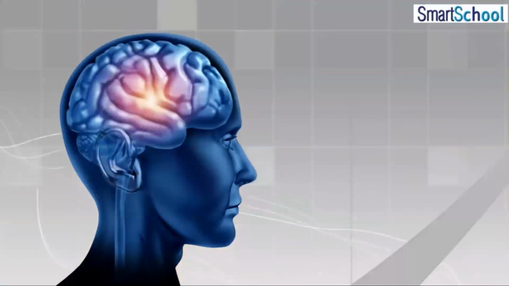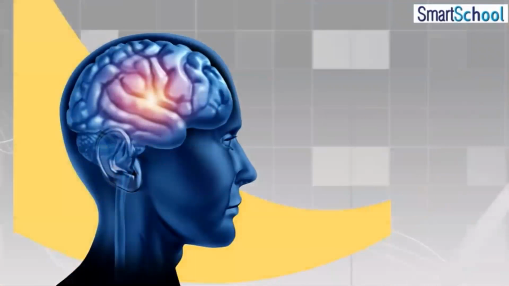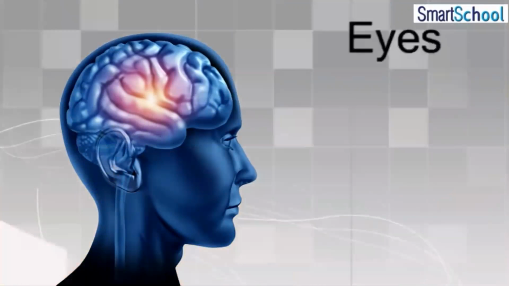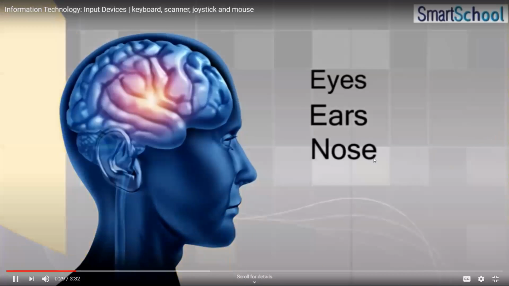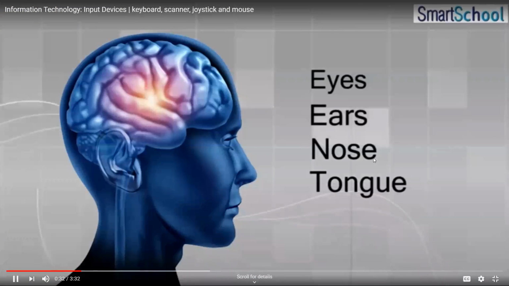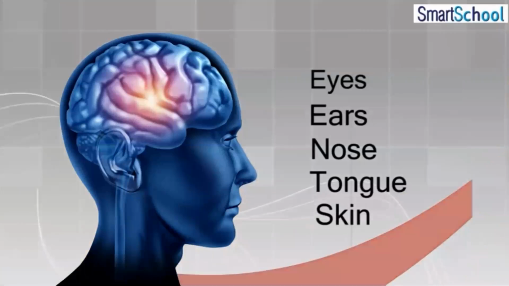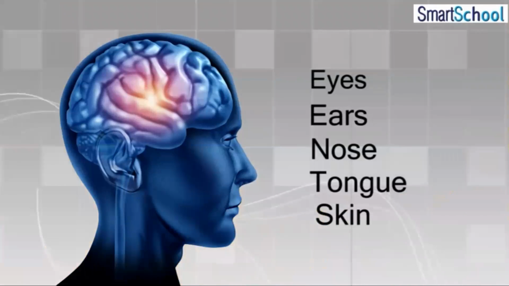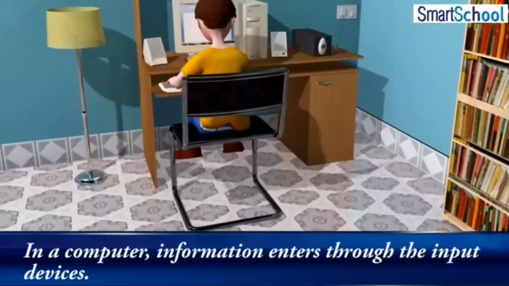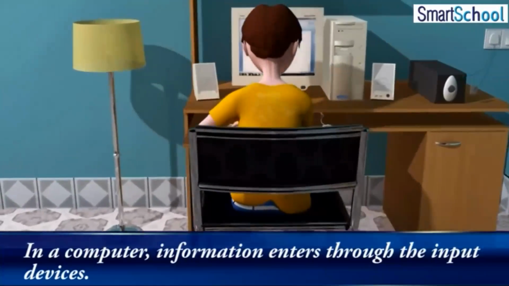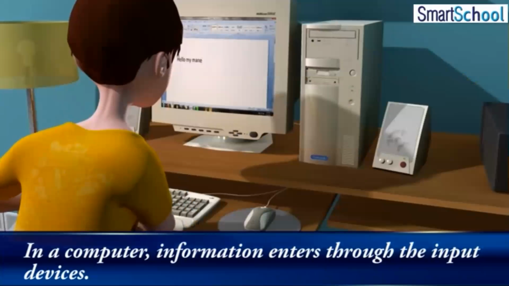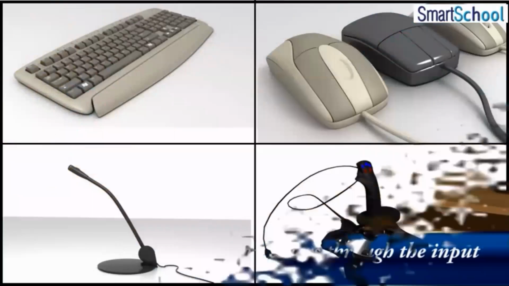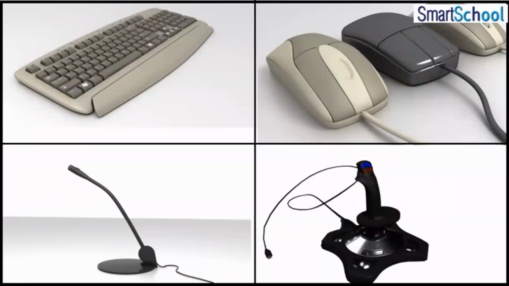For instance, in the human body, information enters the brain through eyes, ears, nose, tongue, and skin. In a computer, information enters through the input devices. Some common input devices are given below.